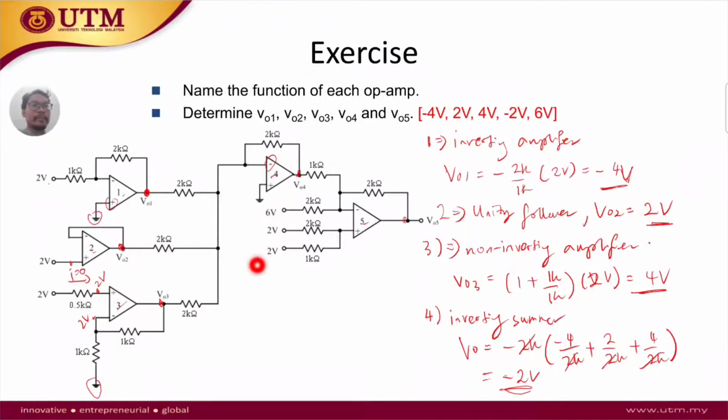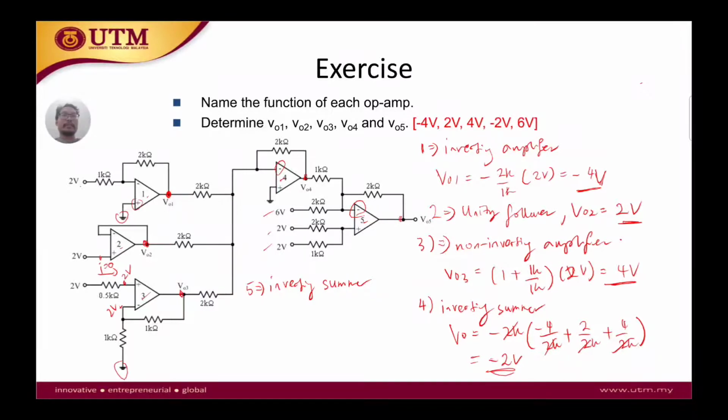And finally number 5. Number 5 looks like also the inverting summer, but it is a little bit different. For number 5, you see a combination of inverting summer and non-inverting summer.